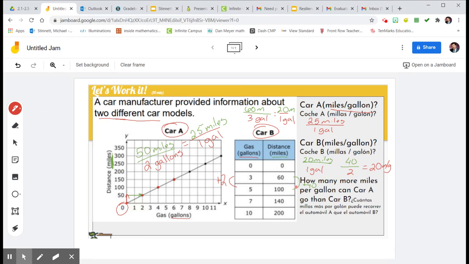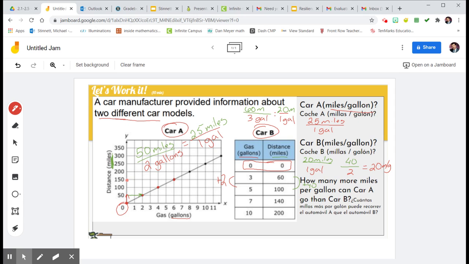This way is better because you don't have to ever worry. If you do it this way, where you find the change in the gallons and you find the change in the miles, and these could be anything, you never have to worry about where these start. These happen to start at 0, 0, right?